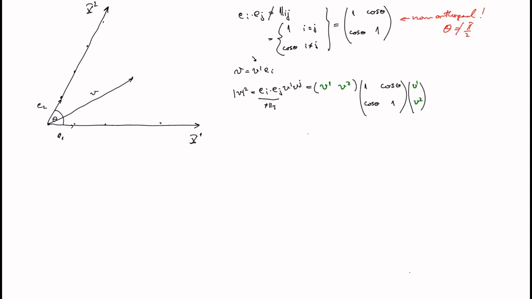Okay, so what does this evaluate to? This evaluates to V1 squared plus V2 squared plus 2 times cosine theta times V1 V2. And now we see that exactly this is the term that just makes our life more difficult. It's not a Pythagorean theorem anymore.